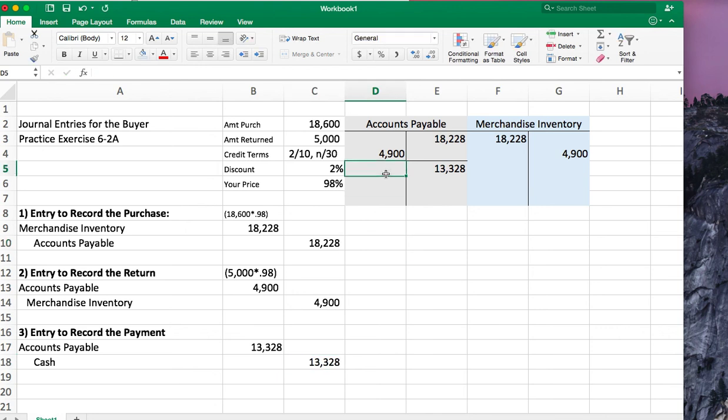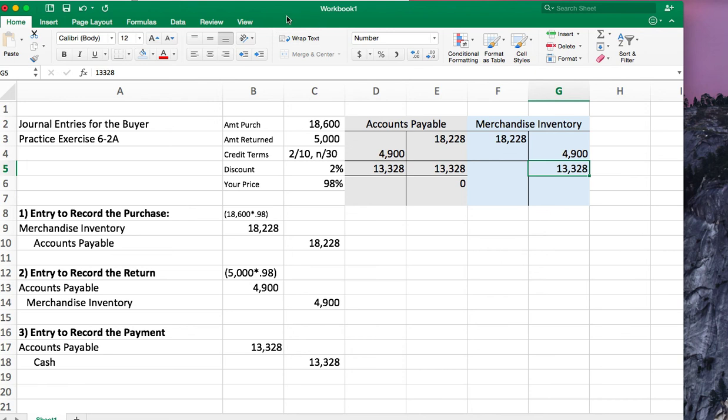Once you post that to this T account, you'll see that now the balance, I'm going to total it out, is 0. For merchandise inventory, if you want to know your ending balance, it will be $13,328 because inventory is always recorded at cost.